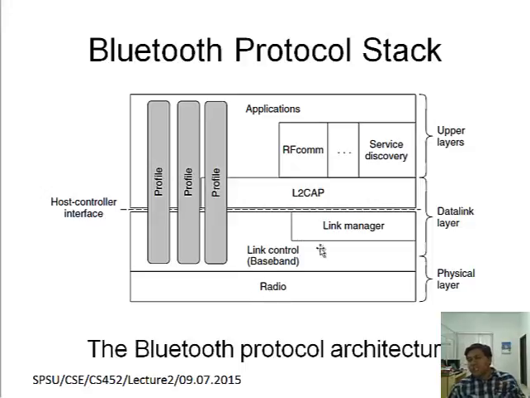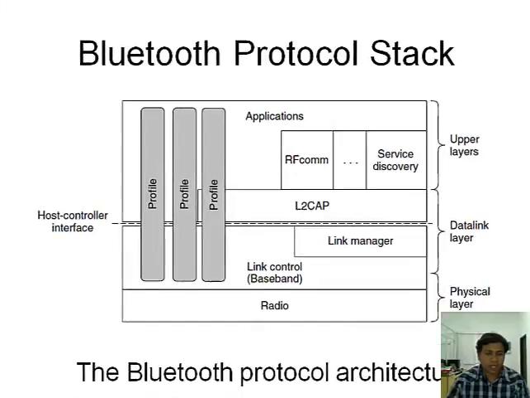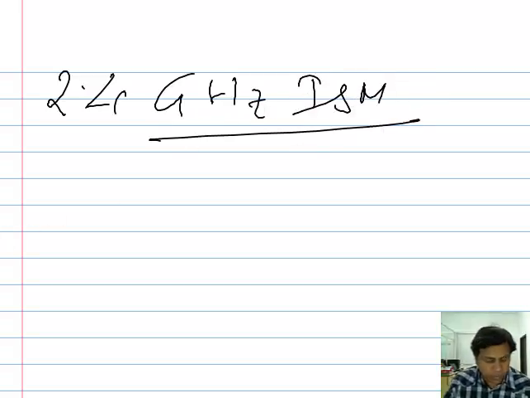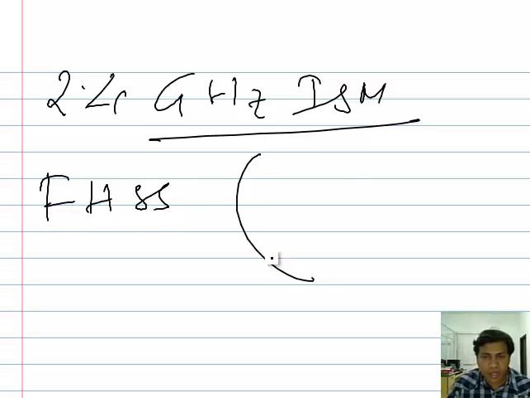After that, next is the baseband layer. Here comes the bandwidth that we have already discussed, that is the 2.4 gigahertz ISM band. Now which frequency technique does it use? It uses FHSS. If you cannot remember, let me write it down.